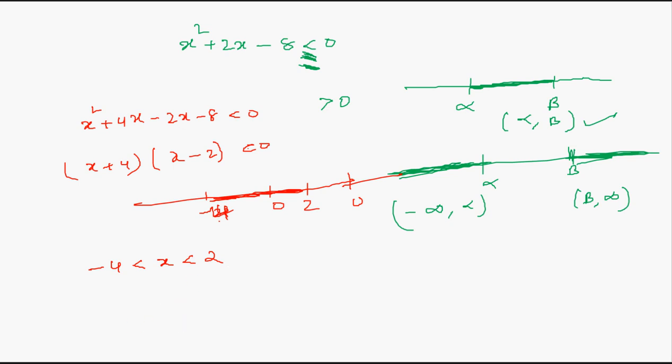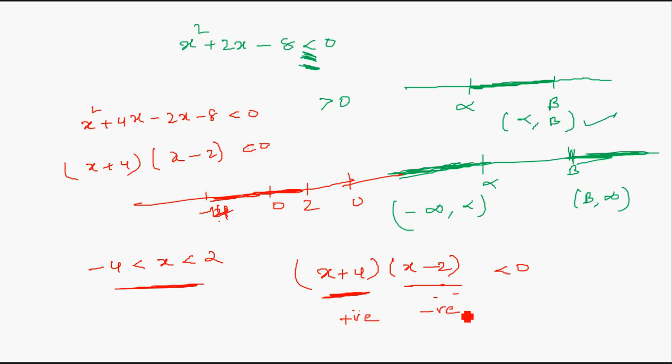Now why has this solution come? Now if you see x plus 4 and x minus 2, both of these should be of different signs, right? Now one will be positive and the other will be negative. Then only this inequality will get solved, otherwise it will not get solved, right? So why have we taken it like that?